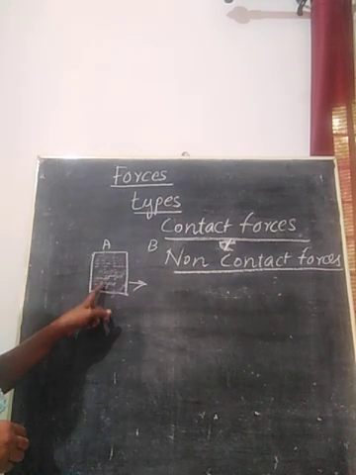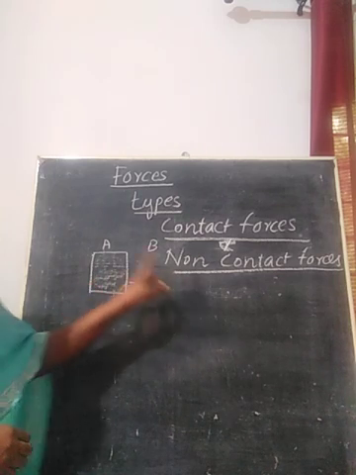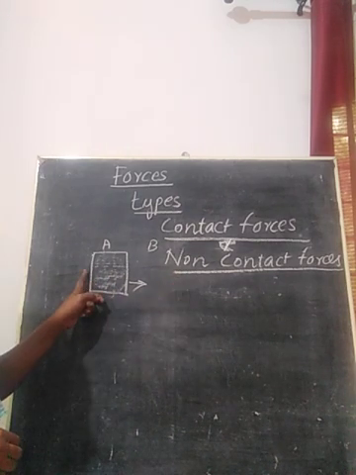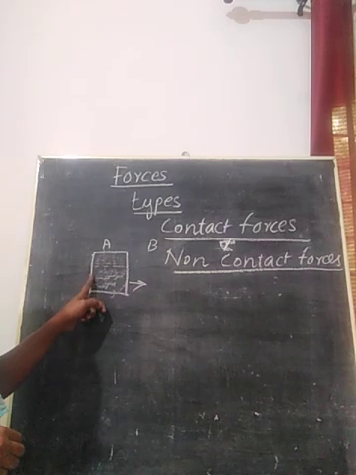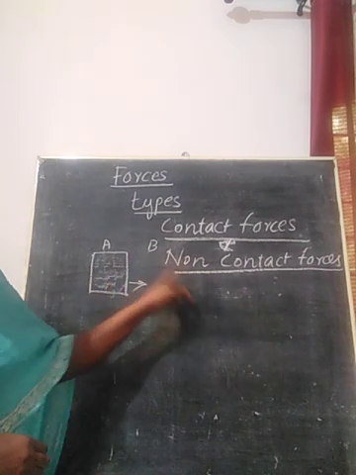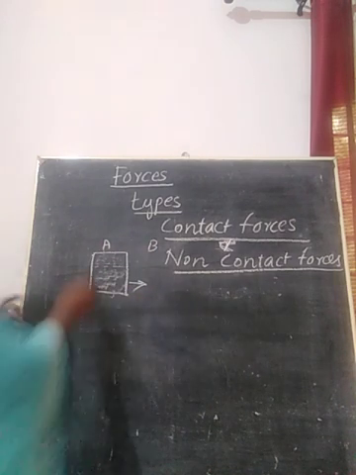Then only it can change its position from A to B. If the force is enough, that object will move from A to B. And we should touch the object.